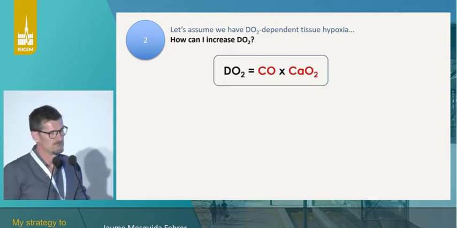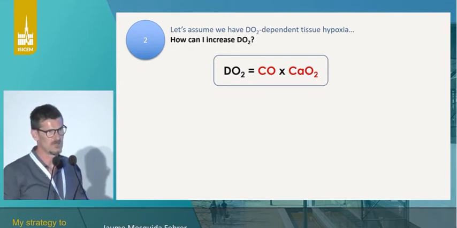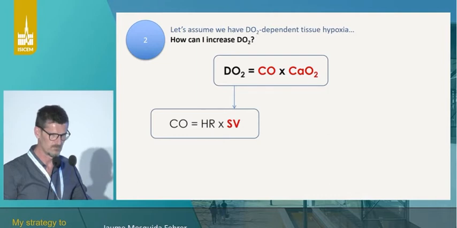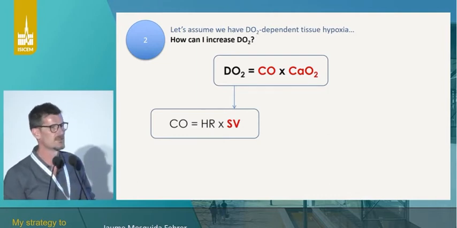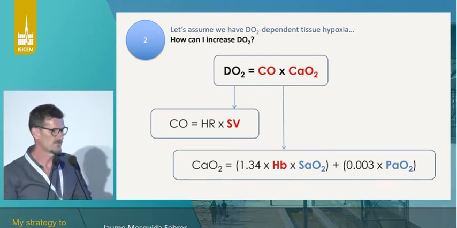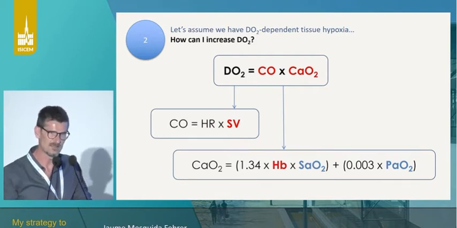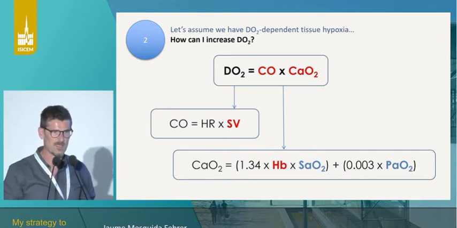It's a matter of remembering the determinants of oxygen delivery to the tissues: cardiac output and arterial oxygen content. The determinants of cardiac output are stroke volume and heart rate. The determinants of arterial oxygen content are hemoglobin, how much that hemoglobin is saturated, and, in an insignificant way, the arterial PO2.